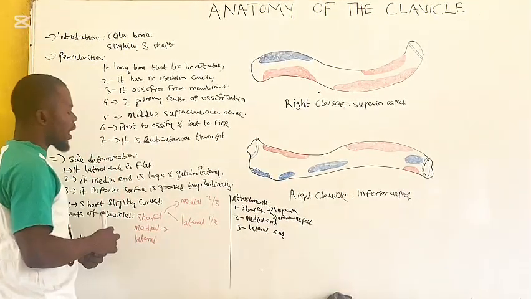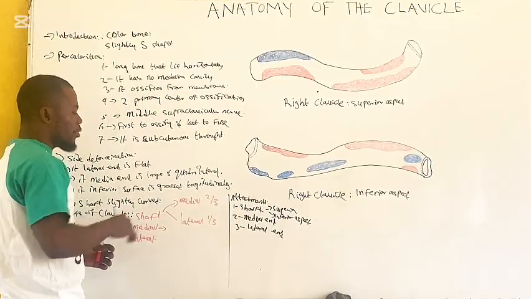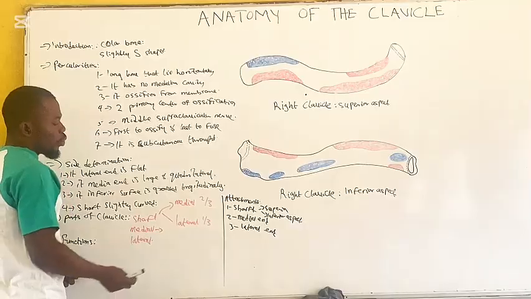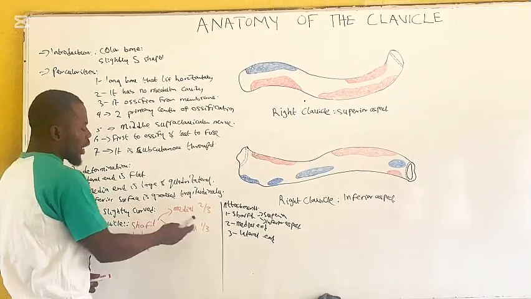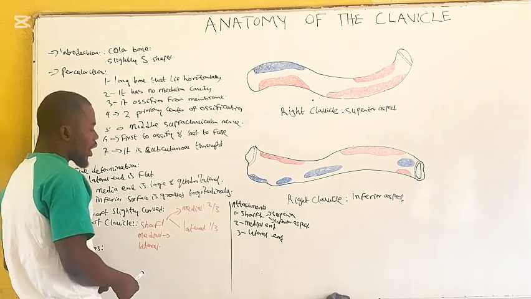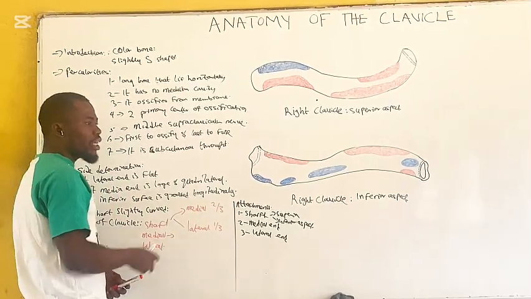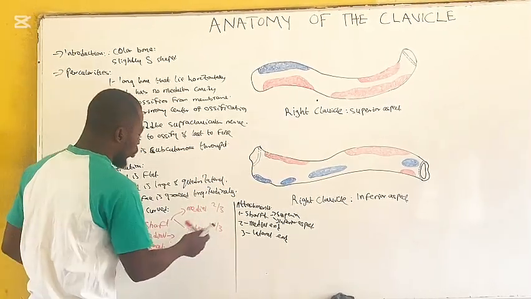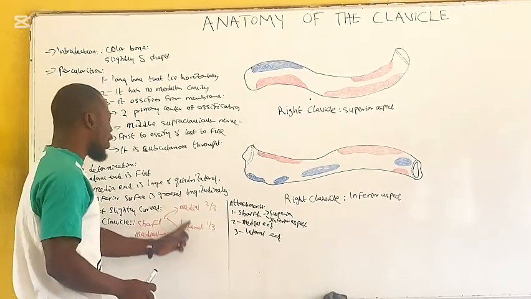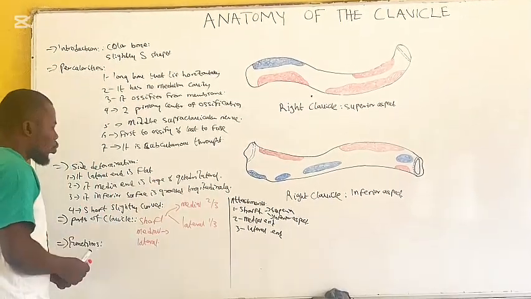The superior surface is subcutaneous throughout, while the inferior surface presents an elevation for the attachment of the coracoclavicular ligament. That is the conoid and the trapezoid ridges of the coracoclavicular ligament. They are attached to the inferior surface of the lateral 1/3 of the clavicle.